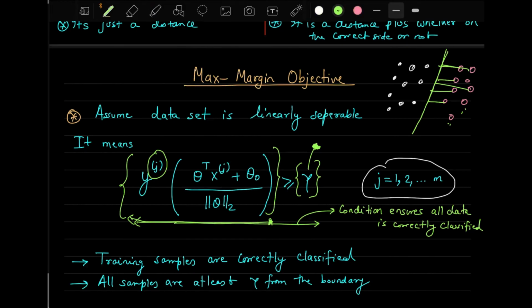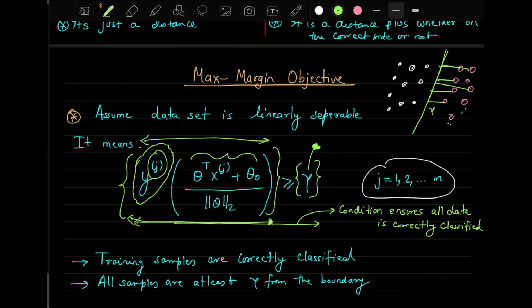because you have this gamma right here. If the data is correctly classified, then the hypothesis function that you generate will have the same sign as this yi. So the only situation in which this signed distance will be greater than 0 is when all the points are correctly classified.